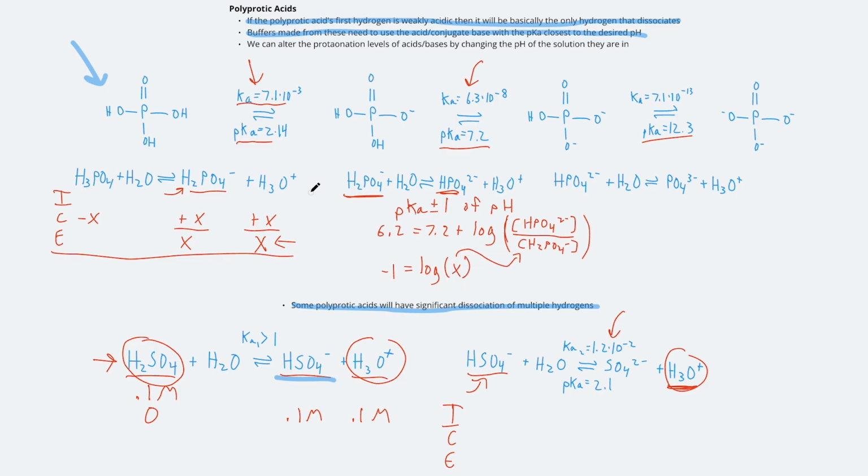So that means that 10 to the -1 equals x, so that would give us x equals 0.1. So then to create a buffer that has a pH of 6.2, and we are using this acid and this base, we need the ratio within these parentheses to equal 0.1, which means that we need 10 times more of the acid than we do of the conjugate base.